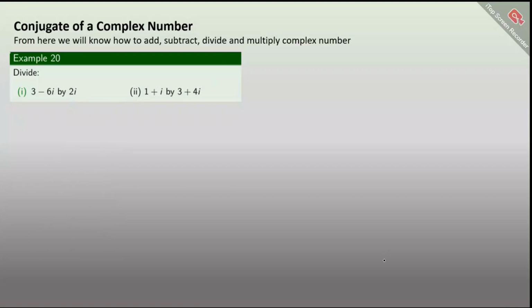Okay, so the second one, you're seeing we're not dividing just by the imaginary part. The denominator also has the real part. So let me show you how to get the conjugate. We should definitely know. The conjugate is just going to be the negative.